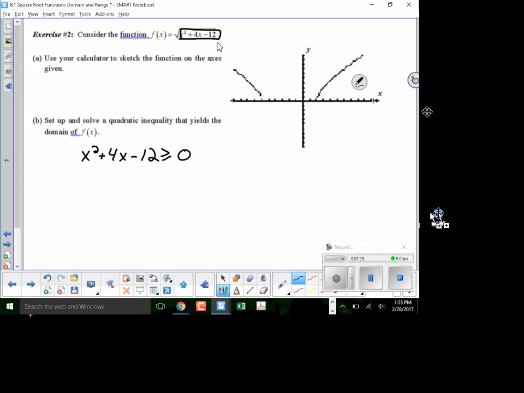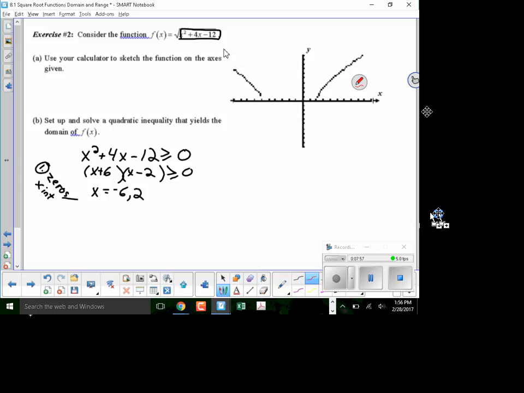Now you're going to solve this as if it were an equation, because you need to find the zeros. So I'm finding the zeros, or the x-intercepts. So this is going to factor into x plus 6 times x minus 2. And that's going to give me x-intercepts of -6 and +2.